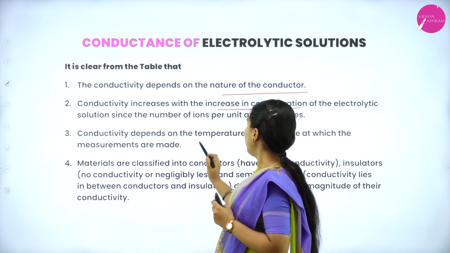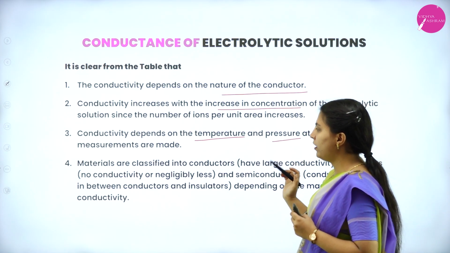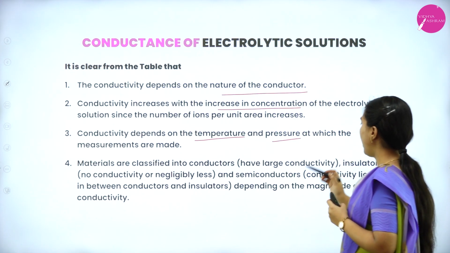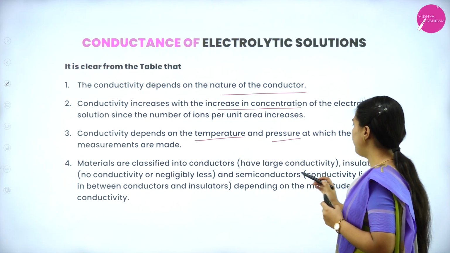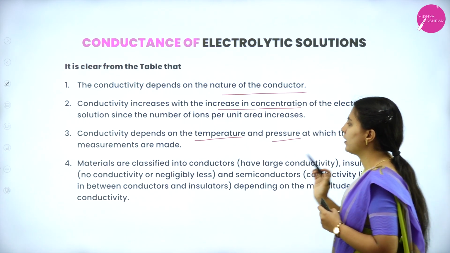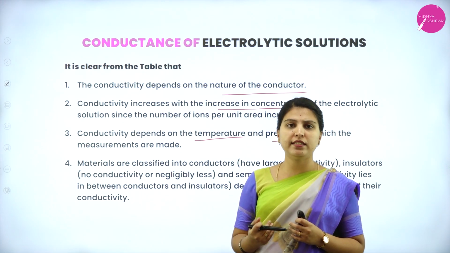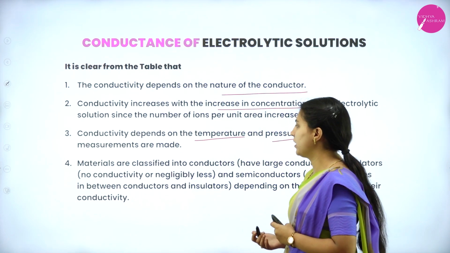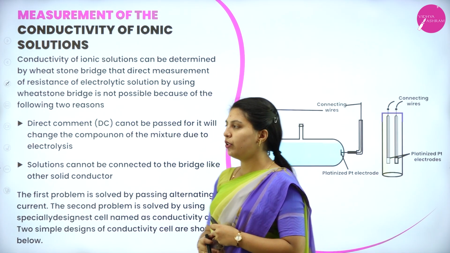Conductivity depends on the temperature and pressure at which measurements are made. Materials are classified into conductors, insulators and semiconductors depending on the magnitude of their conductivity. Based on the magnitude of conductivity, materials are divided into conductors, insulators and semiconductors.